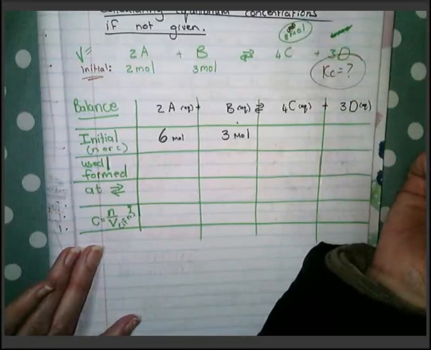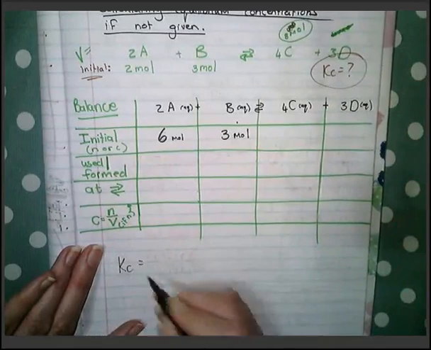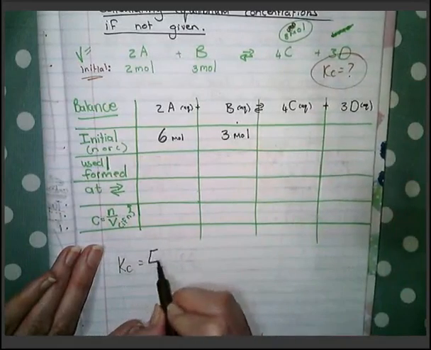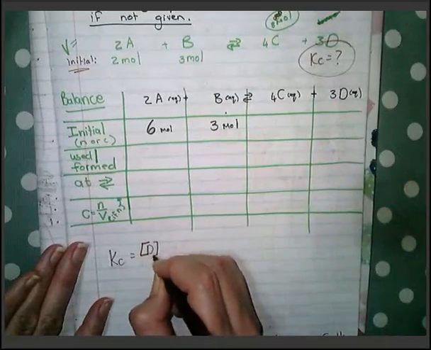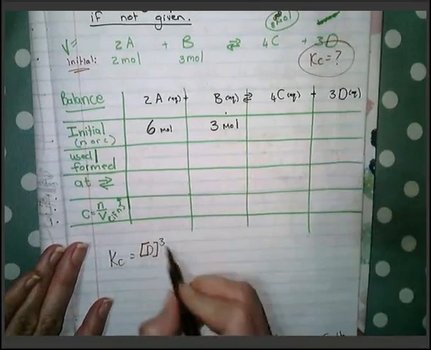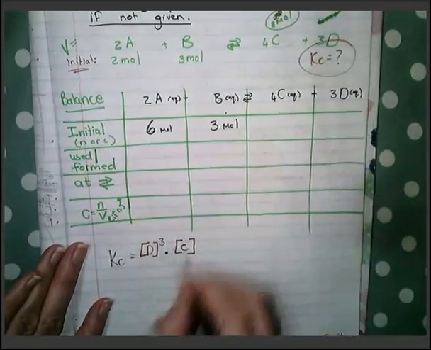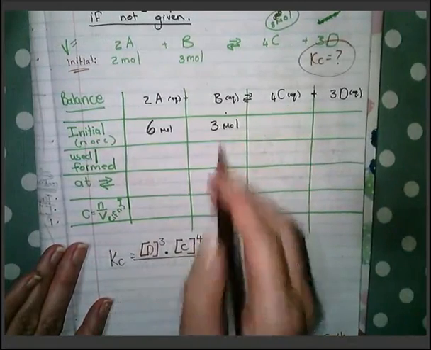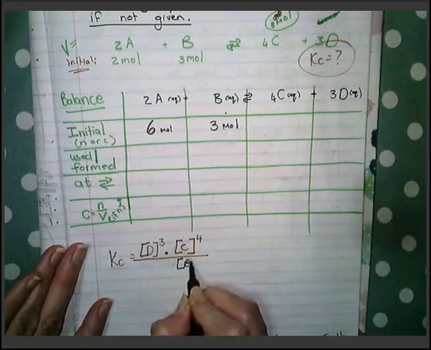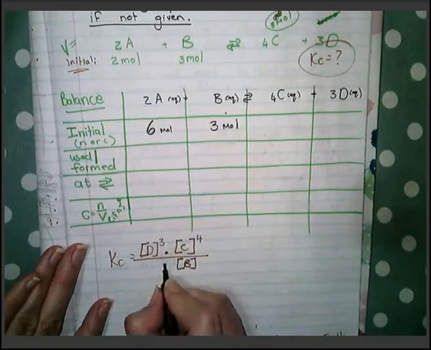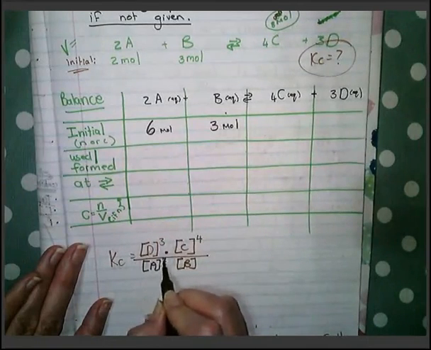So now that's what's been given, and they're asking us to please calculate the Kc value. In order to calculate the Kc value, let's see what we need. Kc, in this case, is going to be the concentration of D at equilibrium to the power of 3, multiplied by the concentration of C to the power of 4, divided by the concentration of B to the power of 1, which we don't write, multiplied by the concentration of A squared.